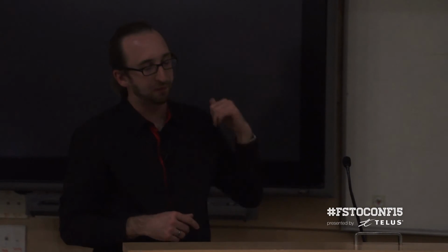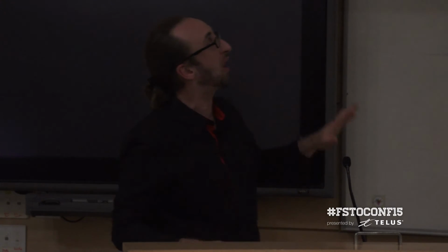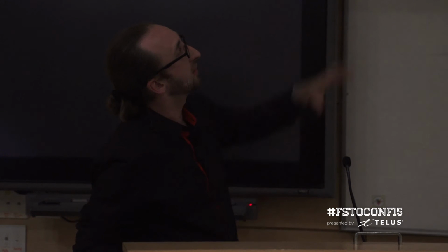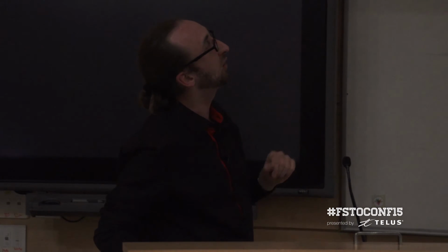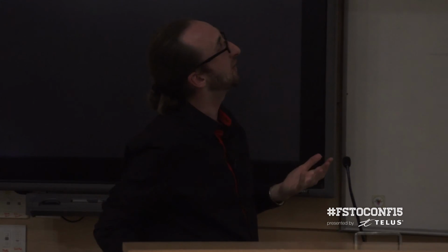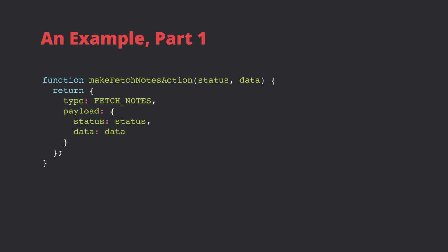So if we wanted to implement our first example, this is just the preparation. We would probably want to create a function that creates an action for the three. We'll actually be issuing three different actions: one for initial, to signify the fact that we've made a request, one upon success and one upon failure.